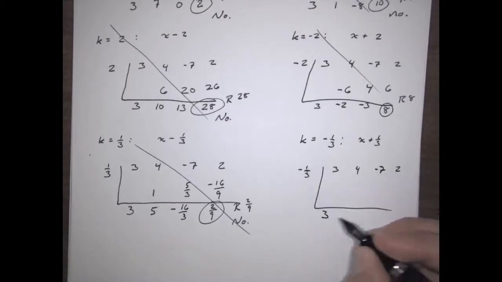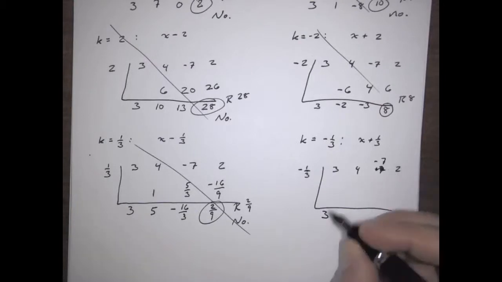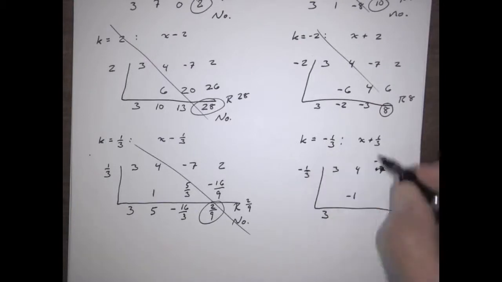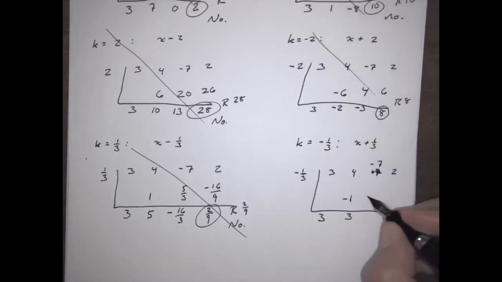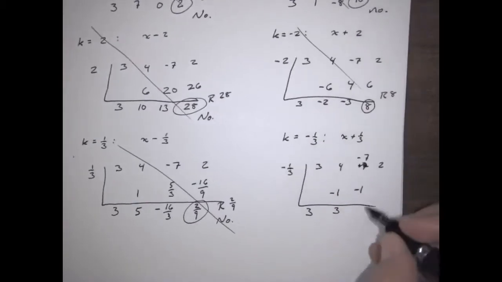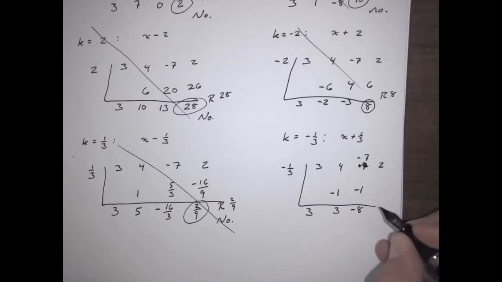So down comes a 3. Multiply, that's a -1. Add those, that makes a 3. Then multiply, that makes a -1. And then we add those. That makes a -8, so close.